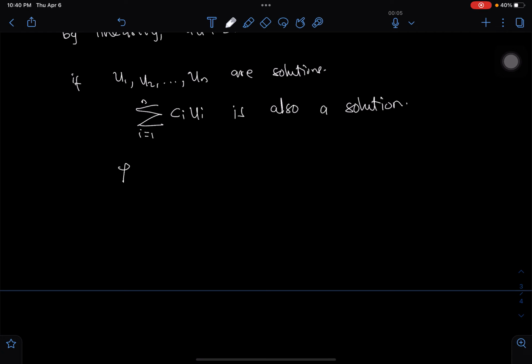If I'm given any partial differential equation that can be written as L u equals 0, then that is a homogeneous PDE.